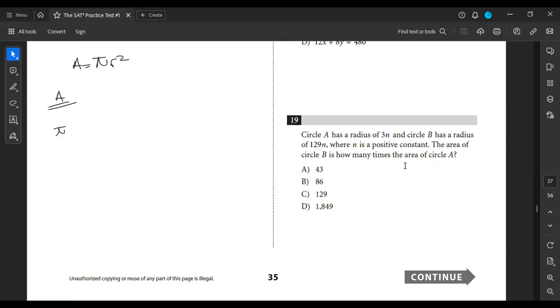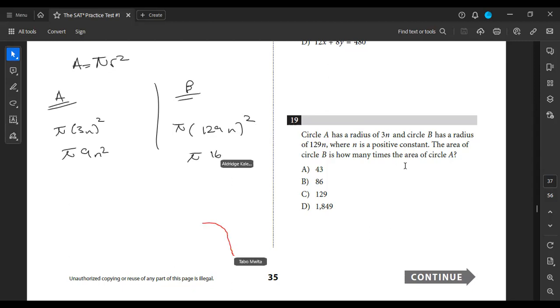And for B, we have pi, the radius is 129n, and so squared. So this would be pi 9n squared, and this would be pi, let me get my calculator, what's 129 squared? Okay, that's 16,641. So 16,641 n squared.